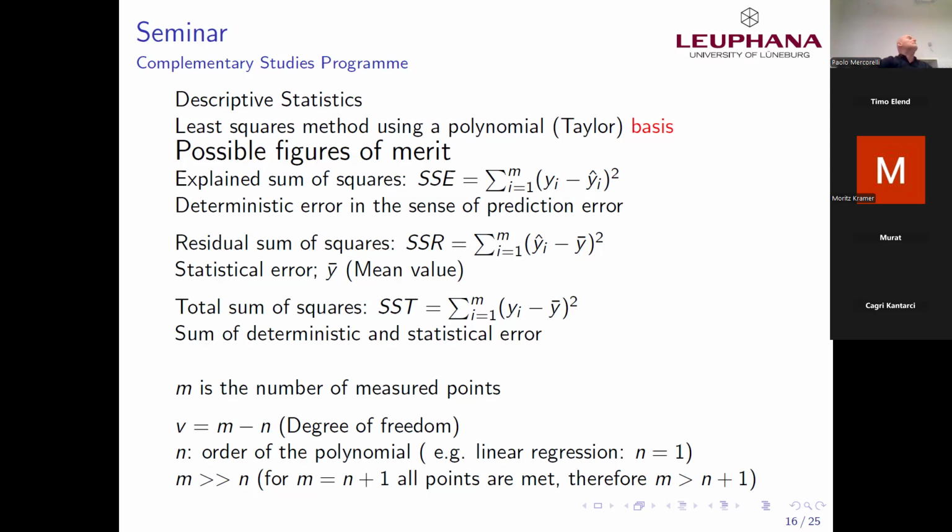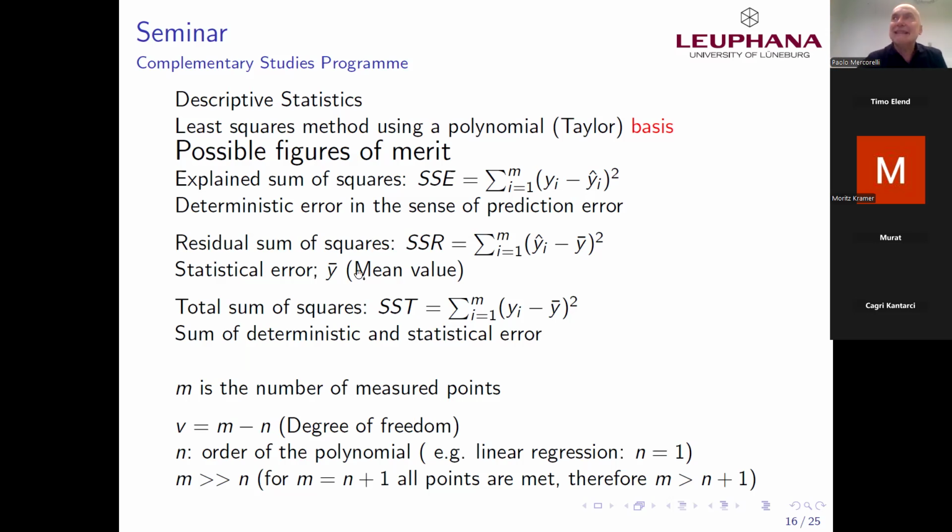Easy, I can build the mean value: y1 plus y2 plus y3 divided by m, trivial, the mean value. This means, of course, this SSR is more oriented to a statistical error because I am considering the most important, the fundamental element of statistics. The mean value is the first thing which we learned in high school.